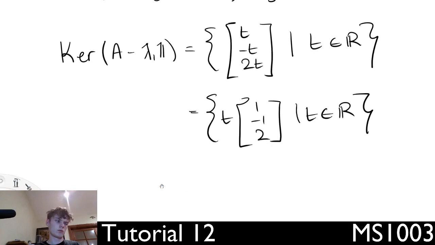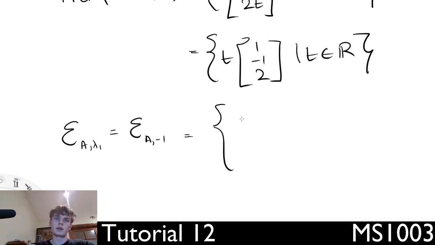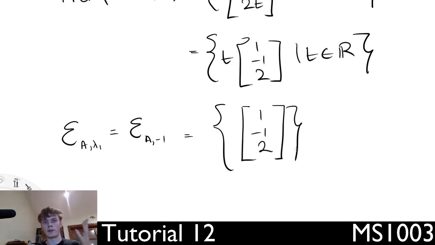So I have that the basis of lambda 1, which lambda 1 is minus 1 here, is going to be just this vector alone. So that's the basis. The basis is just this vector.